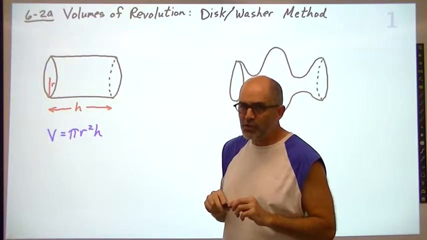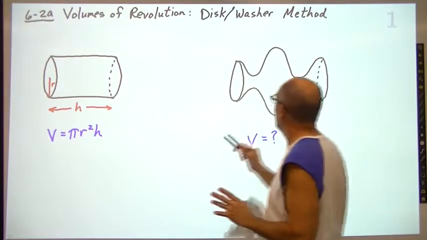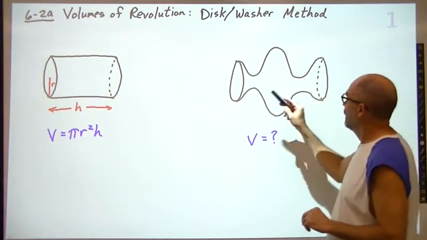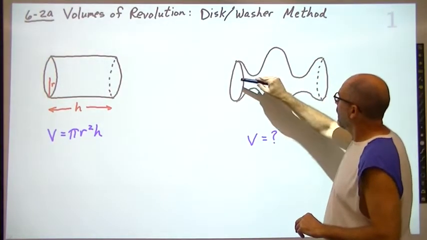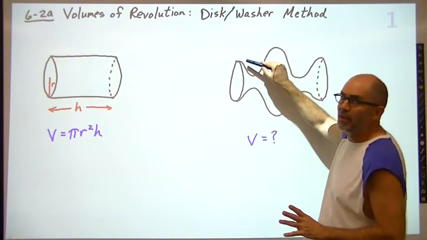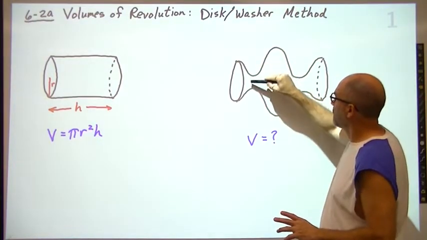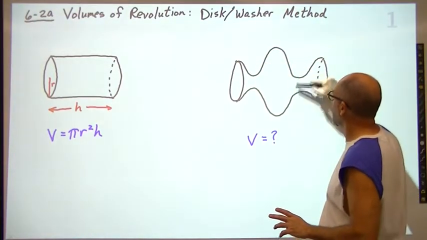What if we have an object, though, where the radius varied? Like this. Okay, now we've got pi r squared here, but if I move like a millimeter to the right, my radius has changed. It's getting smaller and smaller, and then it gets bigger and bigger, and then smaller and smaller.